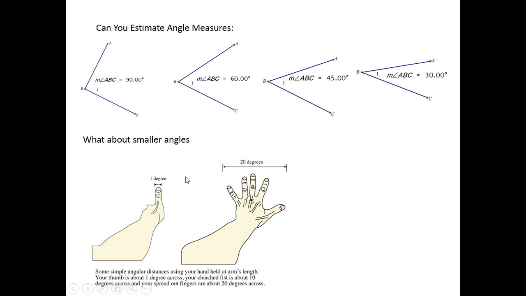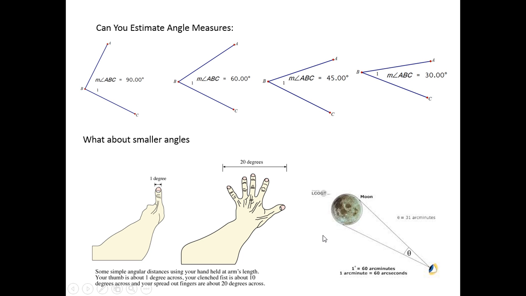Now, smaller angles are interesting, okay? It's said that if you stick your hand out and hold up your thumb at arm's length, then the angle formed by the rays of light coming from the edges of your thumb back to your eye will form a 1-degree angle.